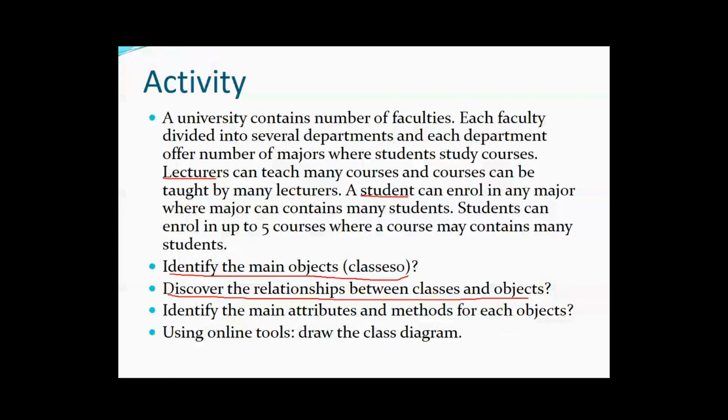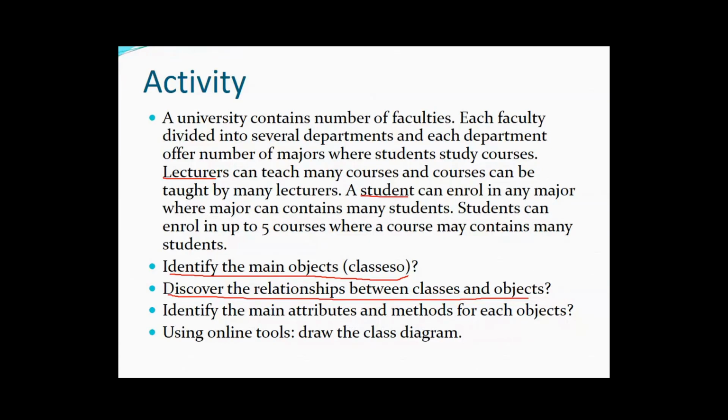You can use one of the online tools. For example, I'll show you one of the tools. It's free, www.draw.io. We will use this sometimes in the second chapter to draw some of the diagrams.